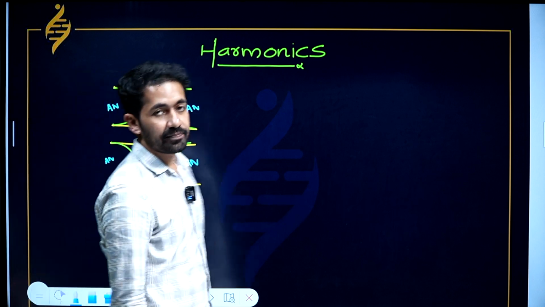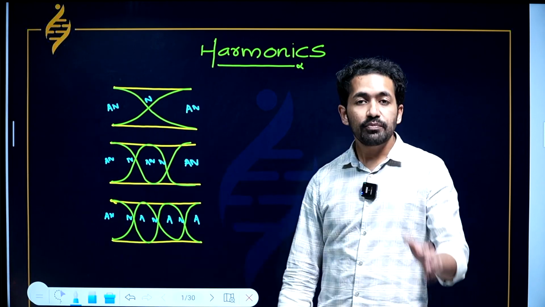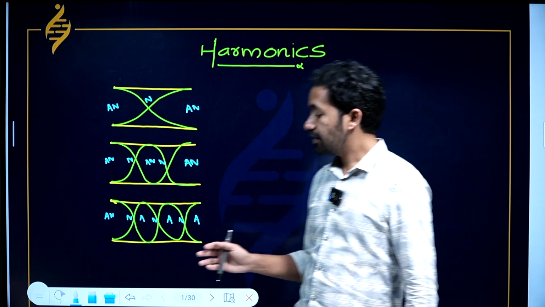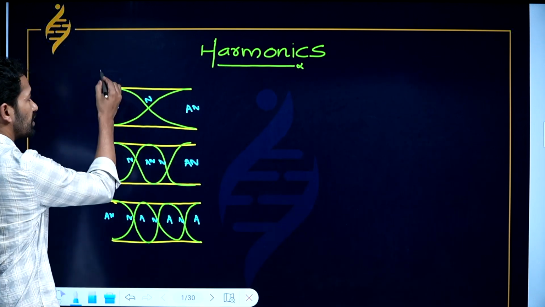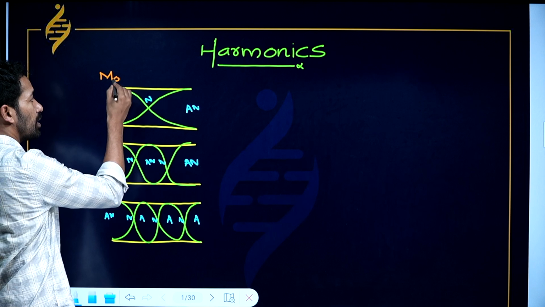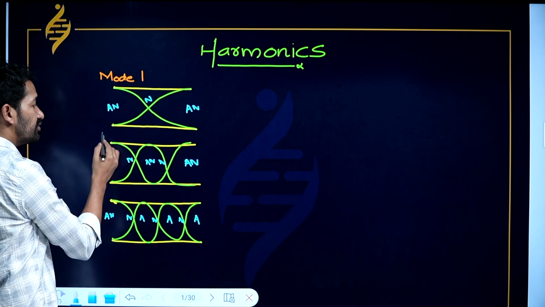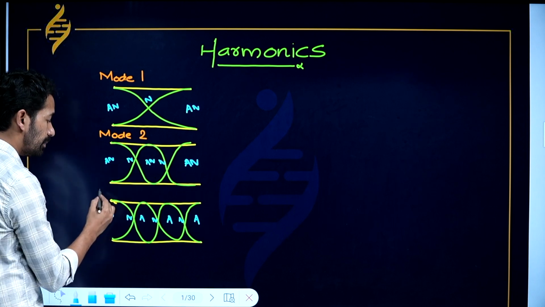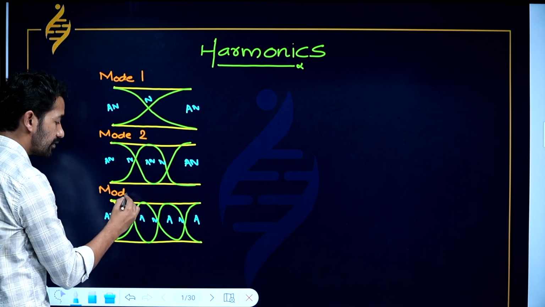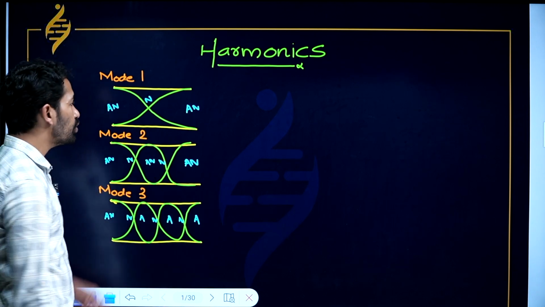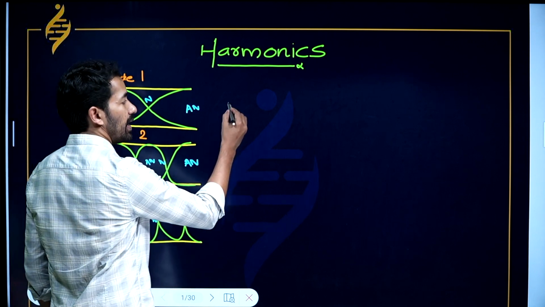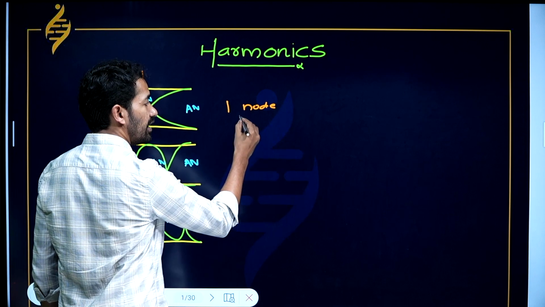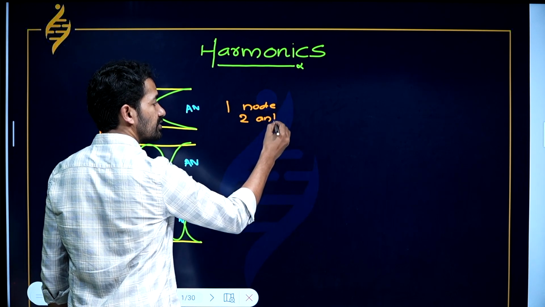Now please look here. The first mode means level 1, mode, M-O-D-E. I will write it down so that there is no confusion. You will take this as mode 1, this will be mode 2, and this will be mode 3. Correct? In the first case I am having one node and two antinodes.